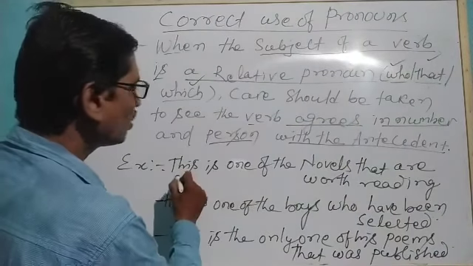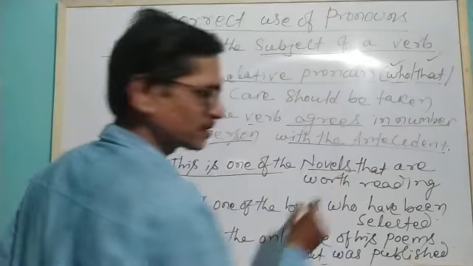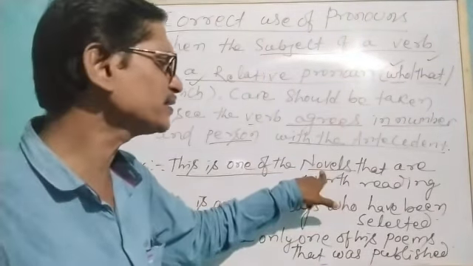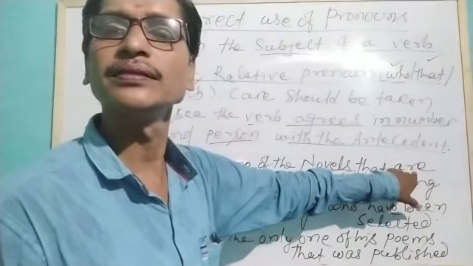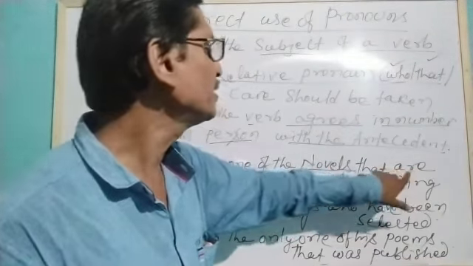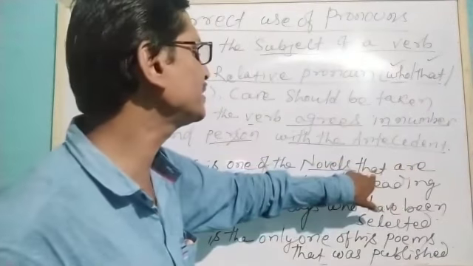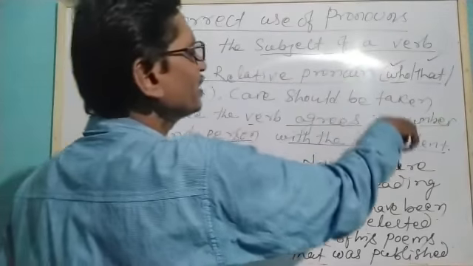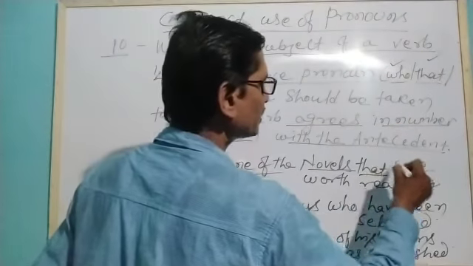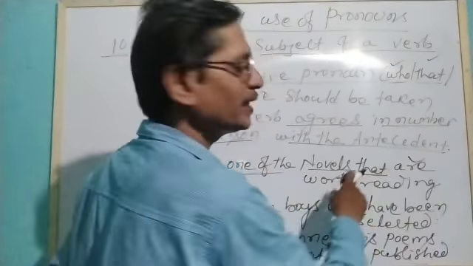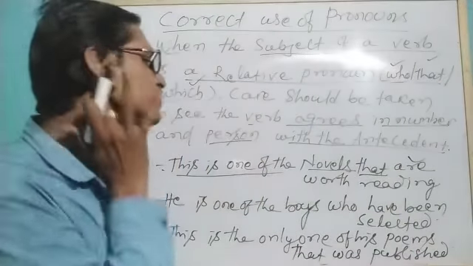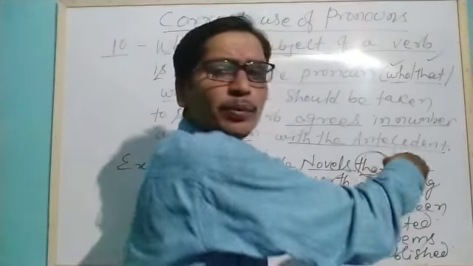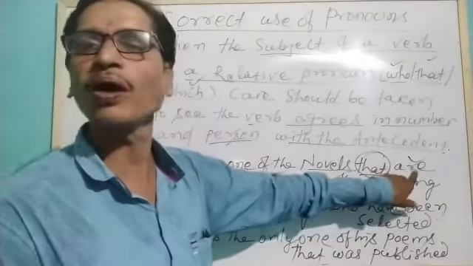This is one of the novels that are... Here we have taken novels. That means the subject of the verb is that. Here the subject of a verb is a relative pronoun. After the subject the verb comes.